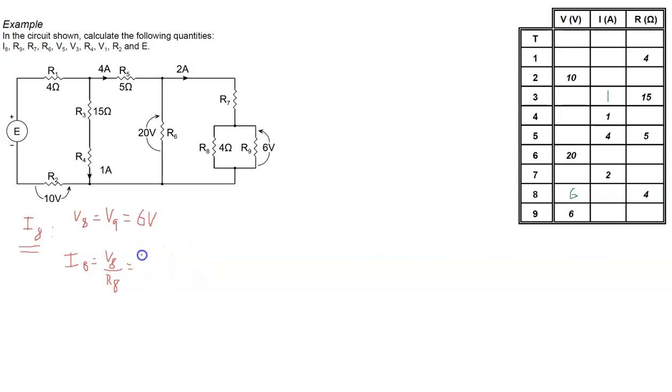And so 6 volts over 4 ohms, and I8 equals 1.5 amps.